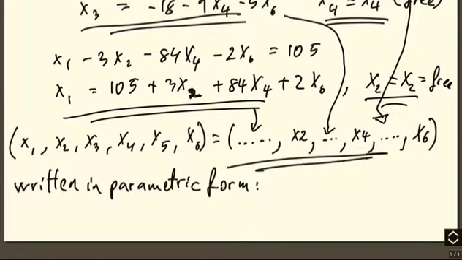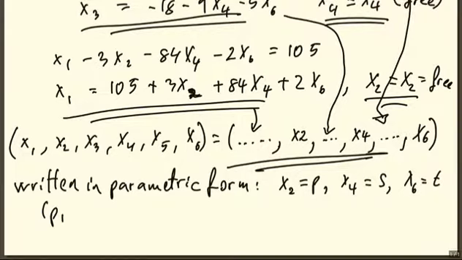Maybe a nicer form is to use a different parameter, not x2, x4 and x6, but use different variables. For example, to write that x2 is maybe p, x4 can be s, and x6 could be maybe written as t, and then write that p, s, t are arbitrary.